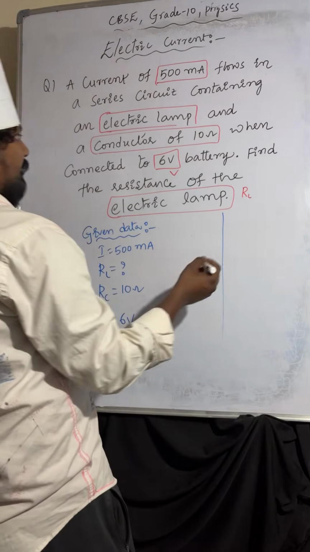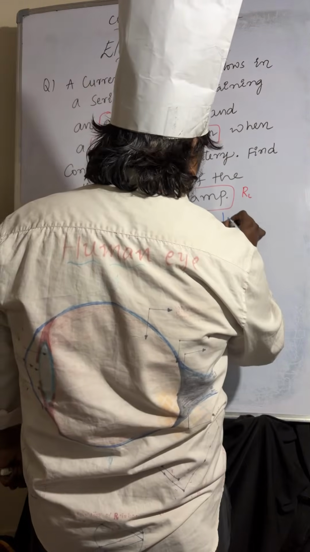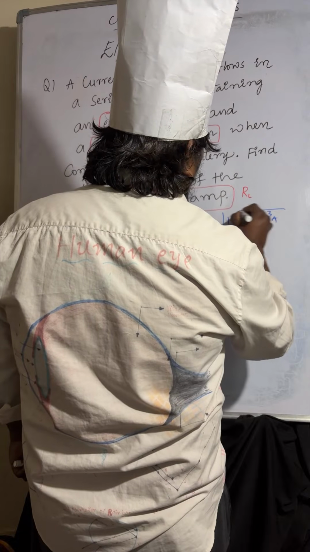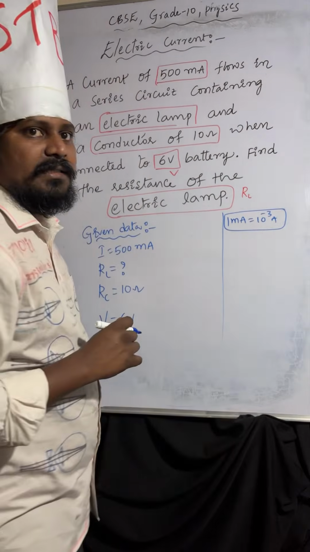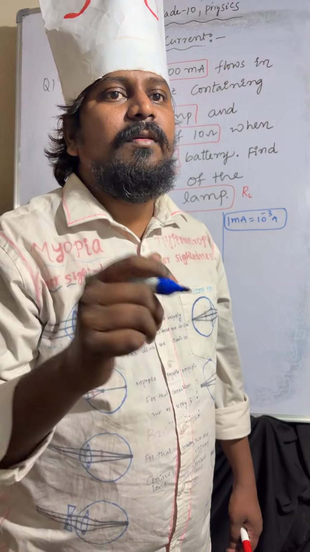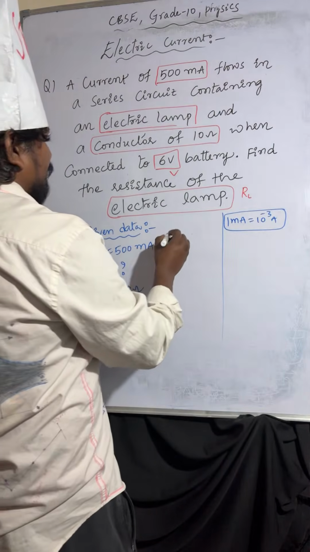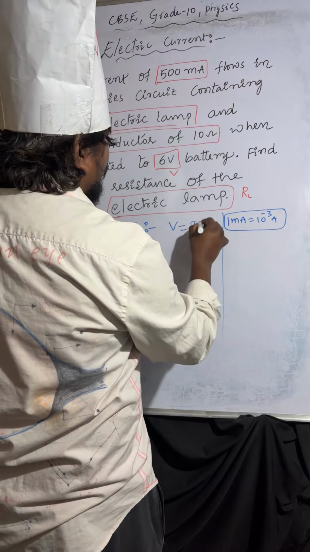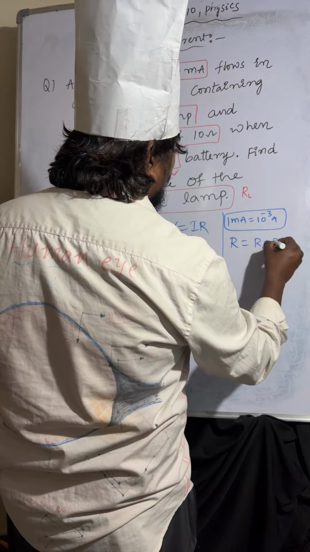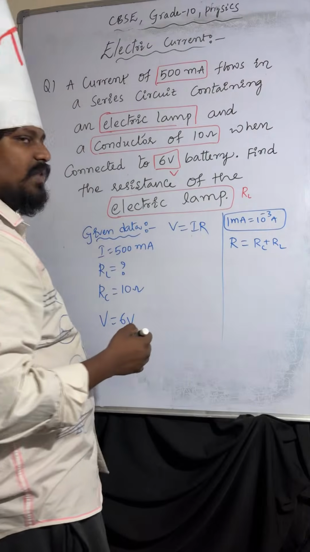Now you can see here, 1 milliampere equal to 10 power minus 3 ampere. Yes or no? Now you can substitute here. We know from Ohm's law V equal to IR, and R equal to RC plus RL, resistance of the conductor plus resistance of the lamp.